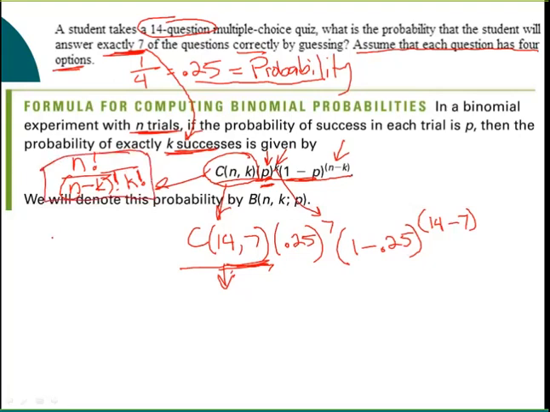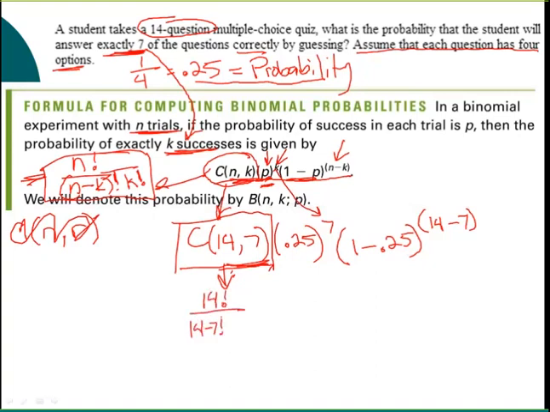It was C(n, r) or P(n, r), and anyway, this is how the formula rewrites with the n and the k. Again, hopefully you have a calculator that will do this function for you. If not, you just set it up and work it out the long-handed way: 14 factorial over 14 minus 7 factorial times 7 factorial. Okay, and then I'm going to plug the rest of this into my calculator.